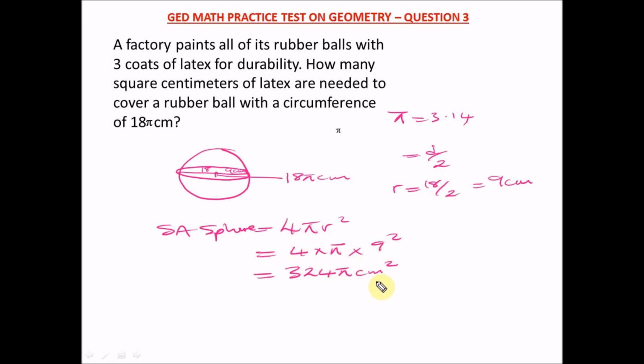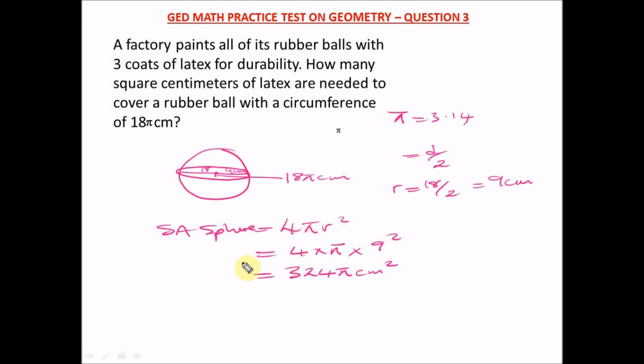So it means the factory has to paint this quantity 3 times on the rubber ball. So we're looking for the amount of latex needed.